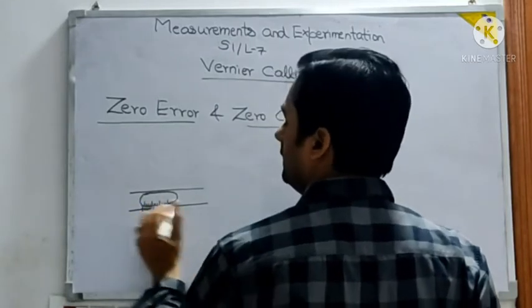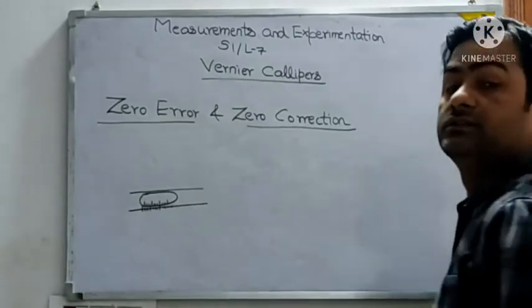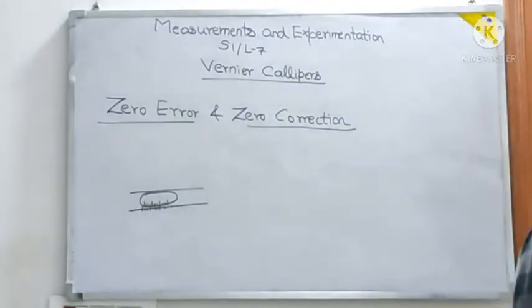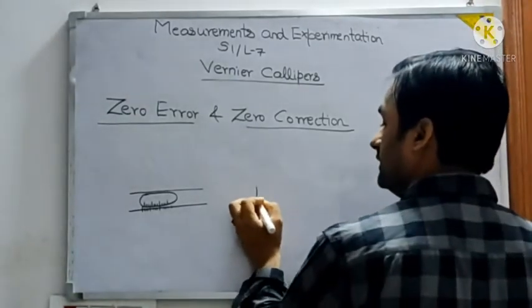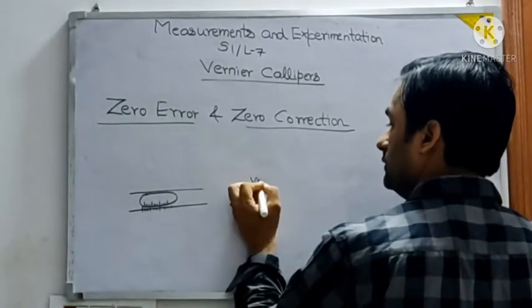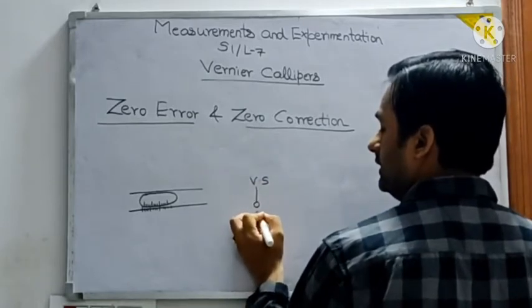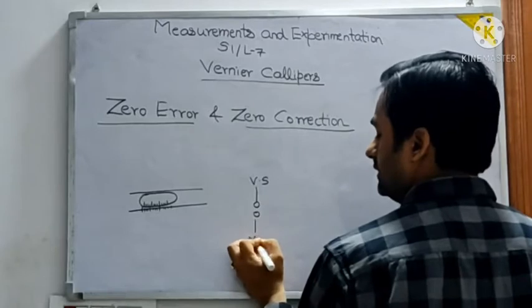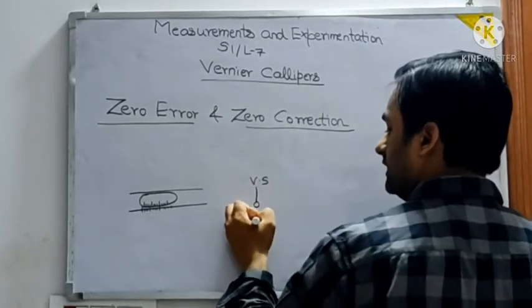Okay, this one only. I'll draw only this much portion only. So when the zero of main scale and zero of the vernier scale are coinciding, means if zero of the VS is here, zero of MS should be right over it. Okay, one over the other.